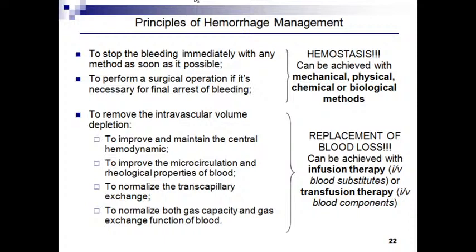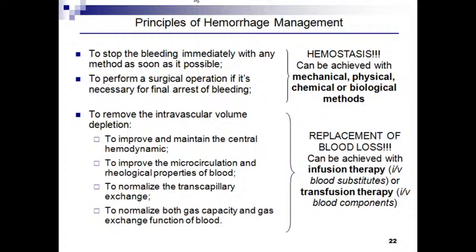Before admittance of the patient to the hospital, you should stop his bleeding, because bleeding is a life-threatening state. Then perform a surgical operation if it's necessary for final arrest of bleeding. This is intra-hospital manipulation. Only inside a hospital you have equipment and instruments for safe surgical operation.